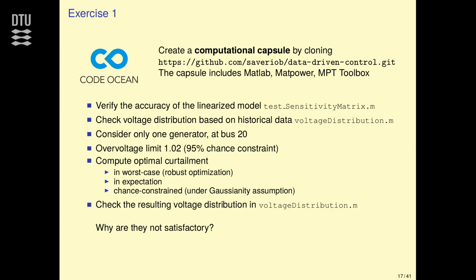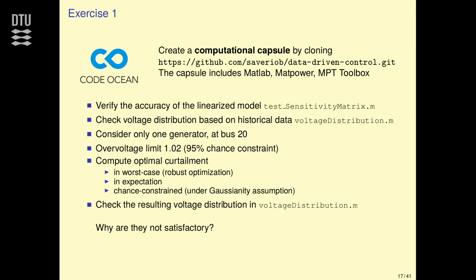Consider a limit of 2% of overvoltage and a chance constraint desired limit of 95% probability. And then I want you to compute the optimal curtailment, so the maximum generation of bus 20 to ensure voltage satisfaction in the worst case, in expectation, and in chance constraint using this Gaussianity assumption.